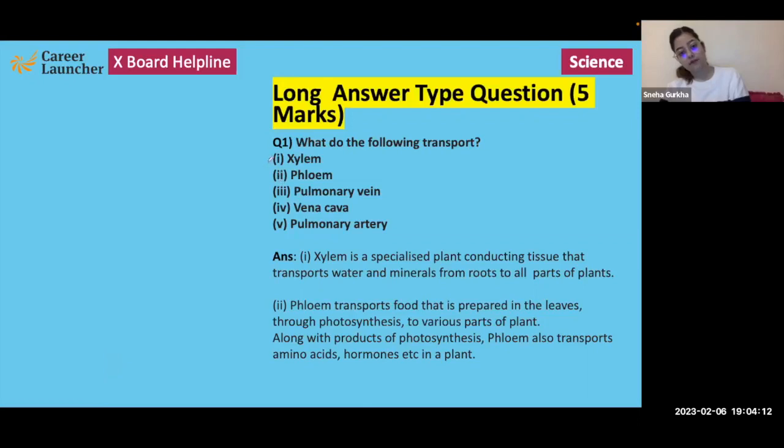So we have 5 options here, and individually we have to answer what these parts transport. We have xylem, phloem, pulmonary vein, vena cava, and pulmonary artery.